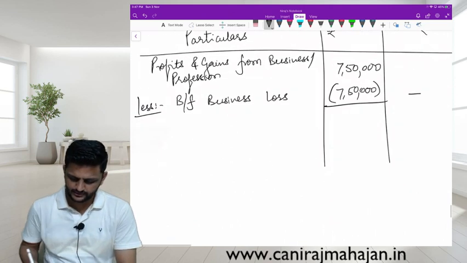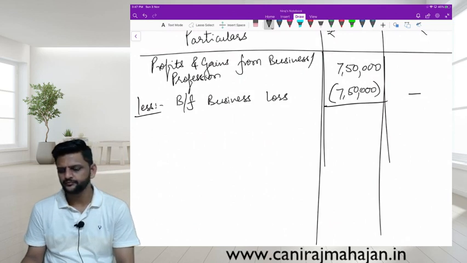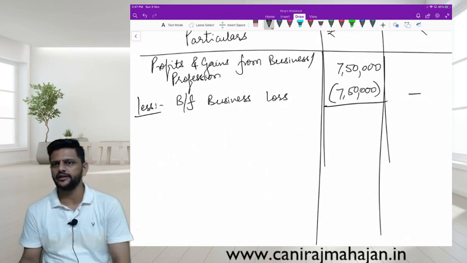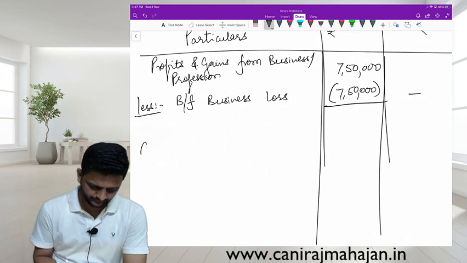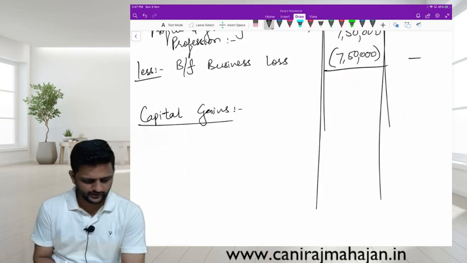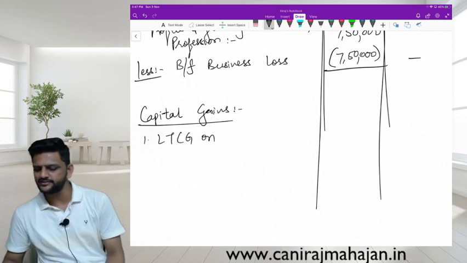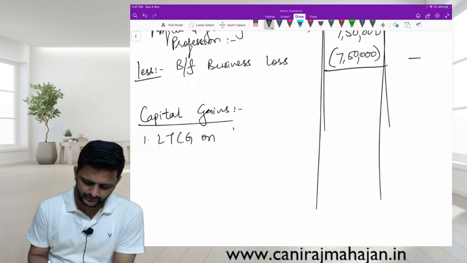Yes. Anything else remains in PGBP? No. Which head of income next? Capital gains. Under that again, first LTCG we take. Why do we have LTCG? On sale of land.